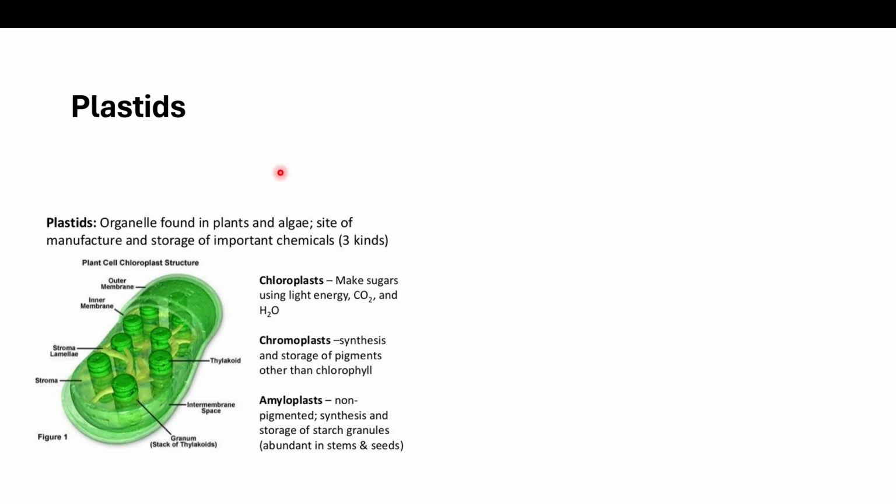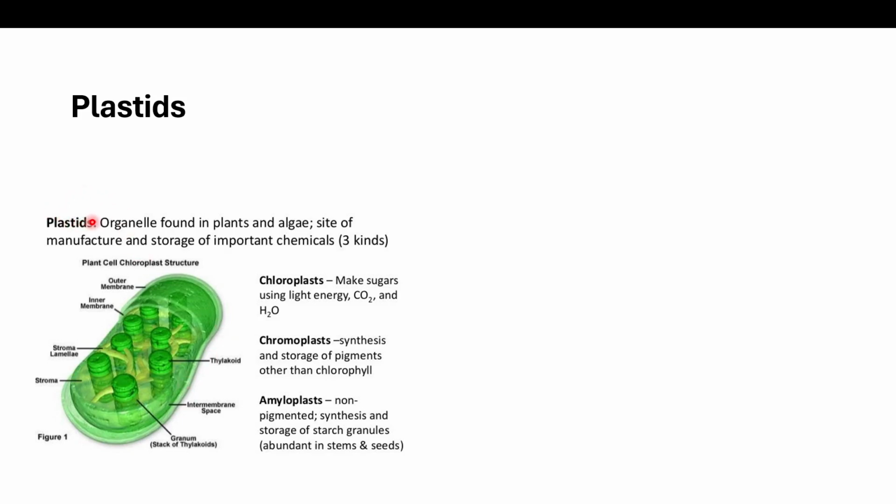Now we come to plastids. Plastids are membrane-bound organelles found in plants and algae. Again, it is the site of manufacture and storage of important chemicals. Plastids are definitely the photosynthetic hub, where plants prepare their own food using chlorophylls.